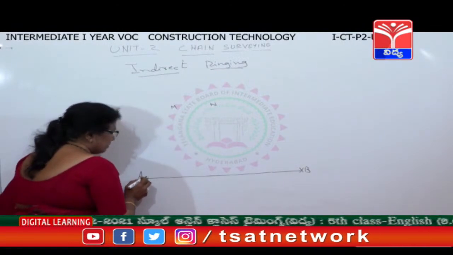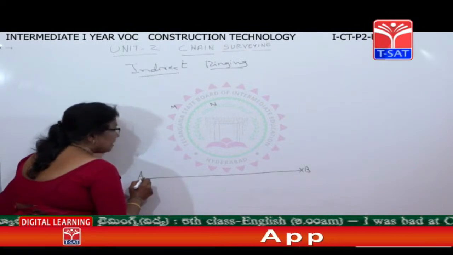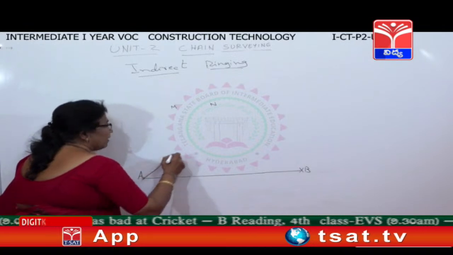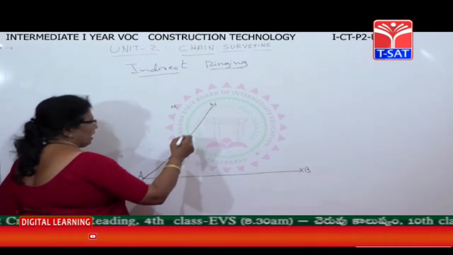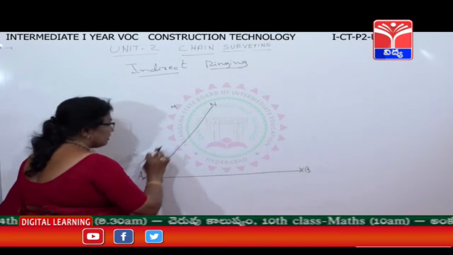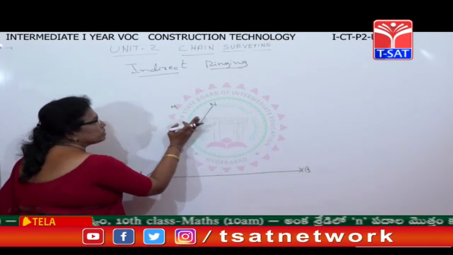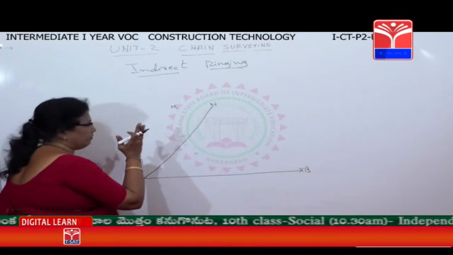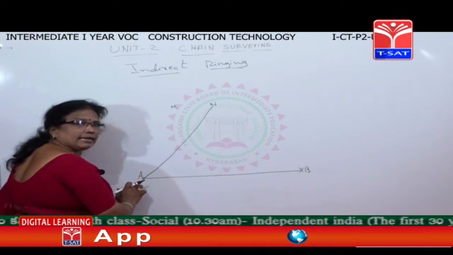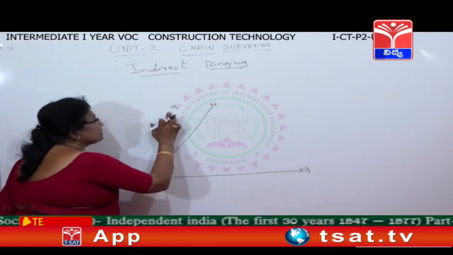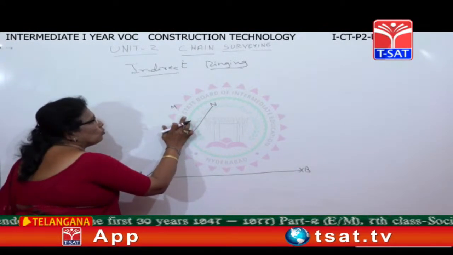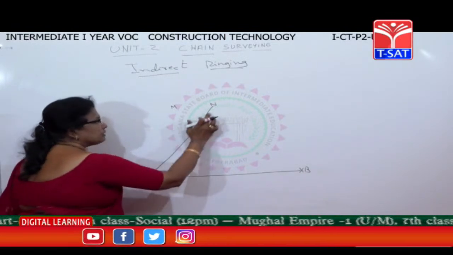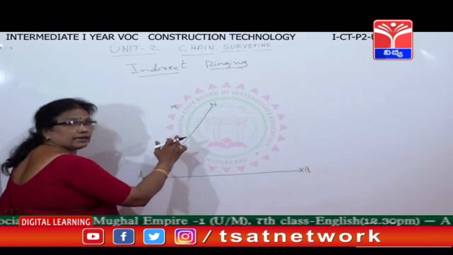Now, the person standing near A holds the ranging rod and directs person M to move in the line AN. The person at A asks M to move to the position where A, M and N come in a straight line.